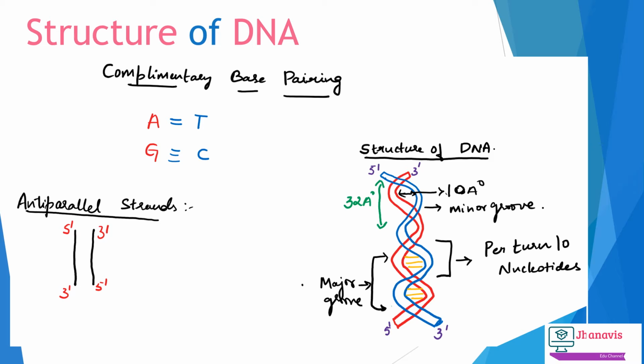There are two types of grooves present, major groove and minor groove, and the diameter will be around 10 angstrom. And you can see I have shown certain nucleotides arranged in yellow color. So 10 nucleotides are present in a particular turn, so per turn you can see about 10 nucleotides arranged in the DNA structure.